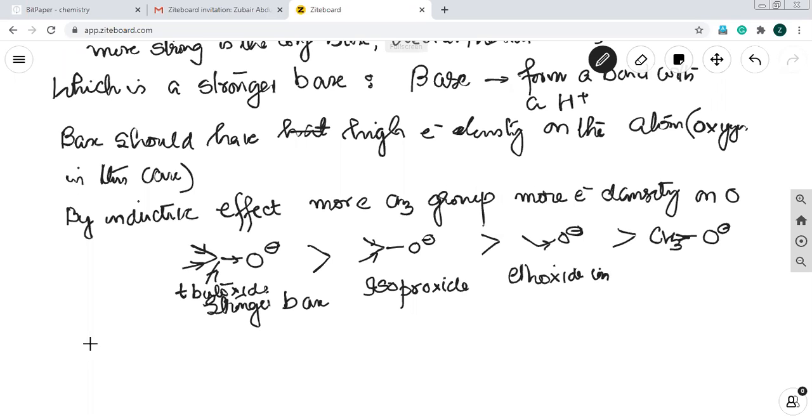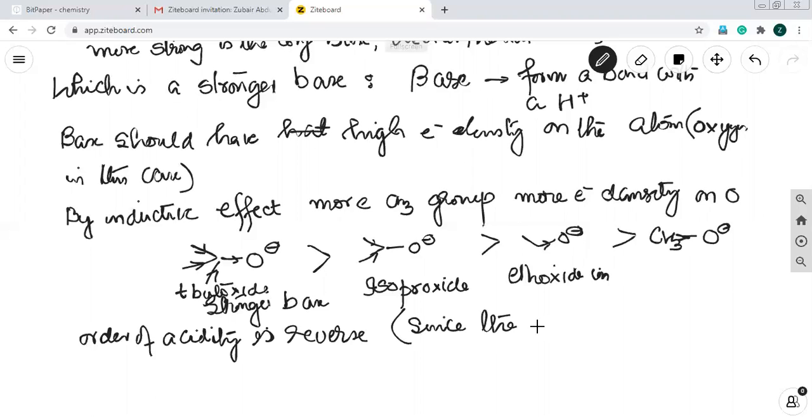The order of acidity is reverse because a stronger conjugate base means a weaker acid.